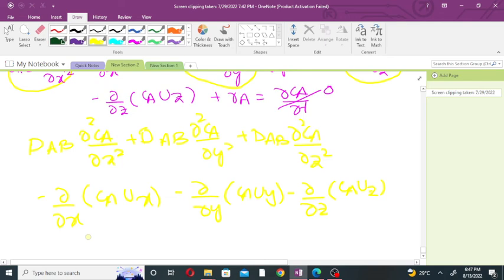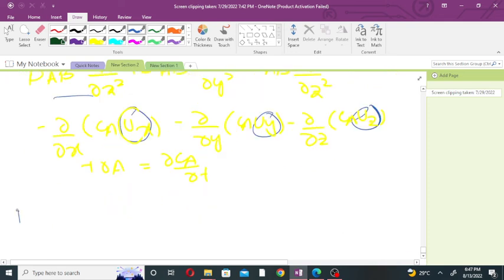Actually, this velocity in the x direction, this ux, this uy and this uz are constant in the problem, so they will come out of the differential, and the final equation will look like this.